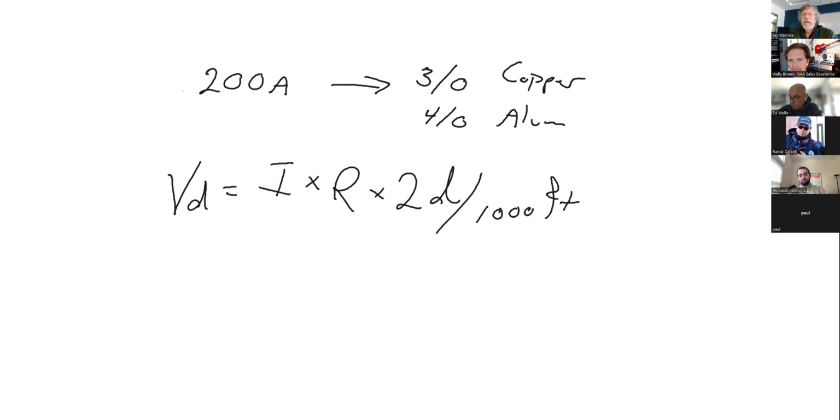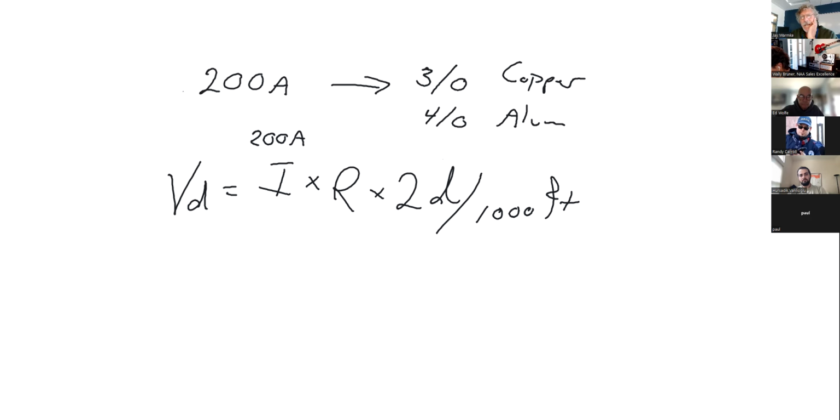Okay, so what are the amps? Well, in this example, it's 200. What is the resistance? Well, what's the resistance of 4/0 or 3/0 copper, depending?